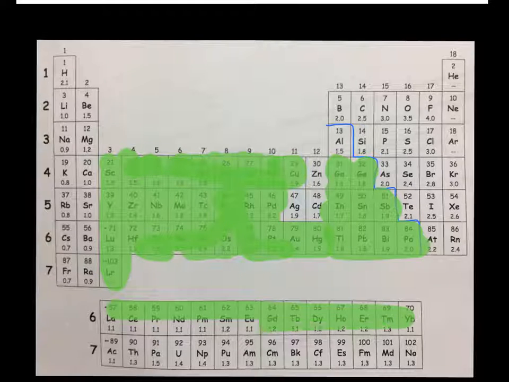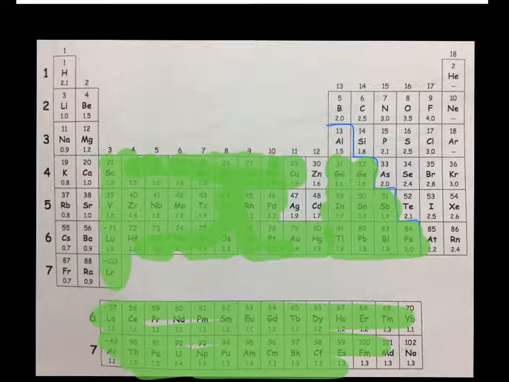Alright, so all of these that I shaded green, we don't know what their charge is. Everything else we do. If I wanted to know what anything in group 1 was, I would know that they're all +1, except for hydrogen. Hydrogen can be +1 or -1, depending on how the ending is, because hydrogen ion would be +1 and hydride would be -1.